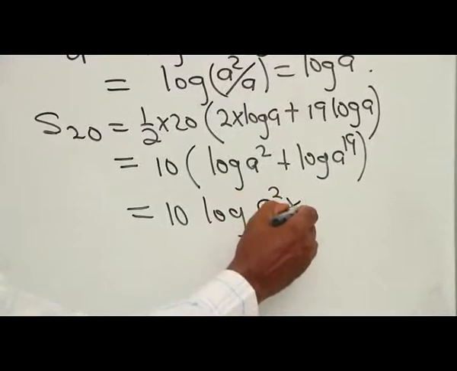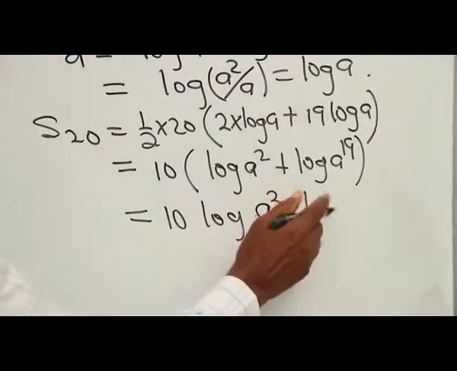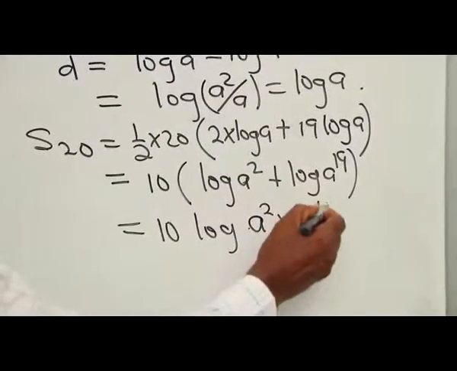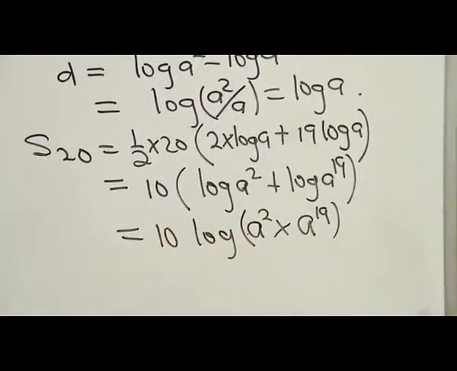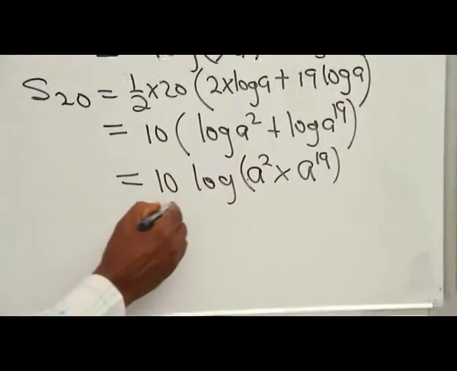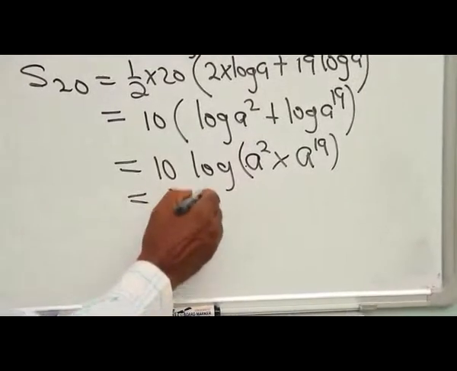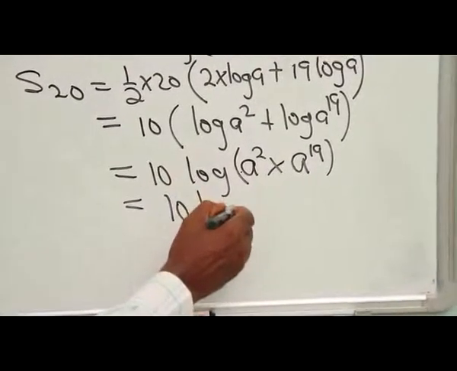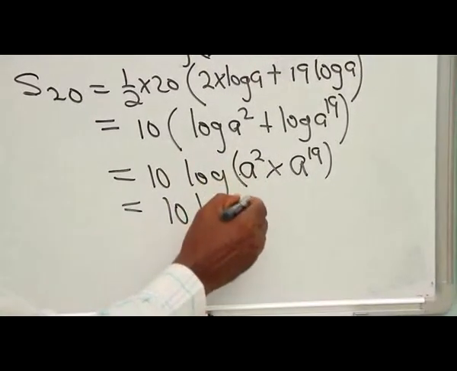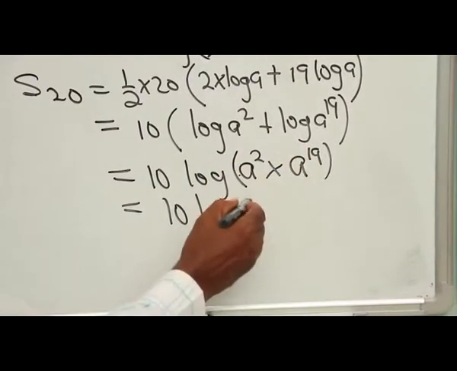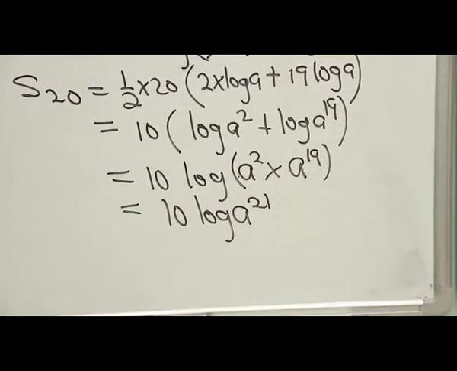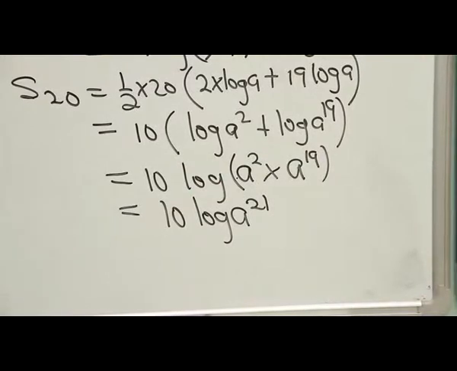Now this becomes 10 multiplying log a squared times a raised to power 19, applying the rules of logarithm. This becomes 10 into log a raised to power 2 plus 19 is 21 by the laws of logarithm.